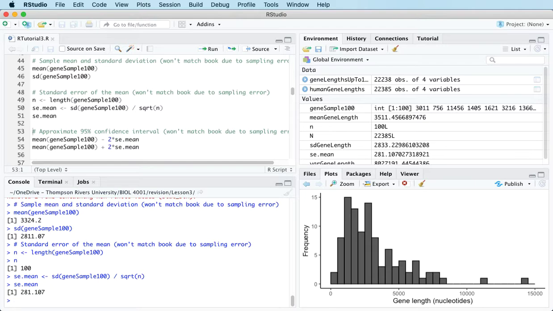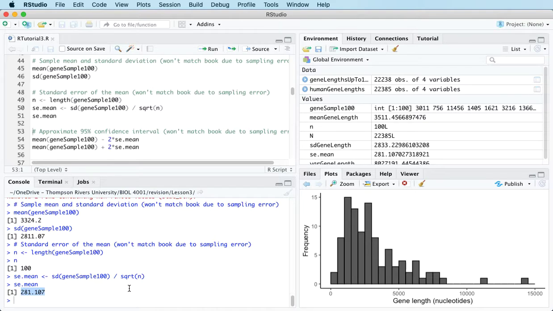If I had a whole bunch of those numbers, and I was to take the standard deviation of those numbers, it would be estimated by 281.107. This standard error of the mean is an estimate of the standard deviation of sample means from repeated samples from this population.